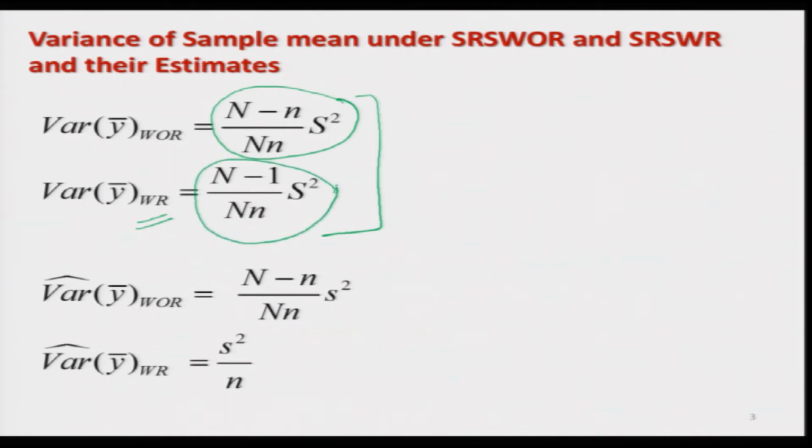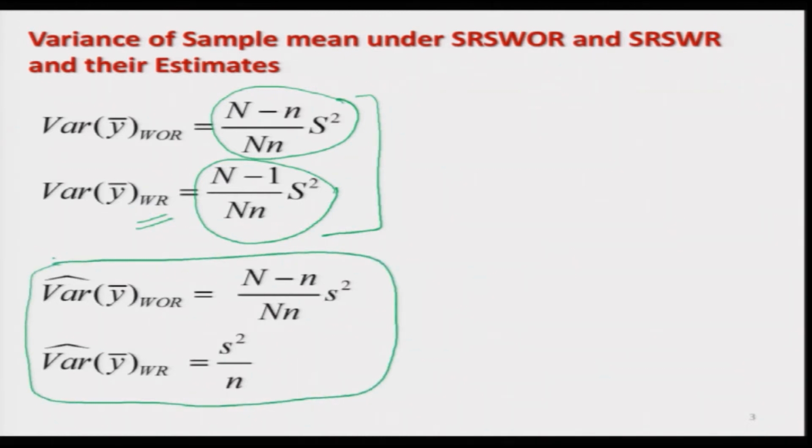And if you want to estimate it on the basis of a given sample, then these two quantities are the unbiased estimators of the population variance of y bar. So, this estimator estimates the variance of y bar under WOR unbiasedly, and this quantity estimates the variance of y bar under WR unbiasedly. So, this is for your quick review.